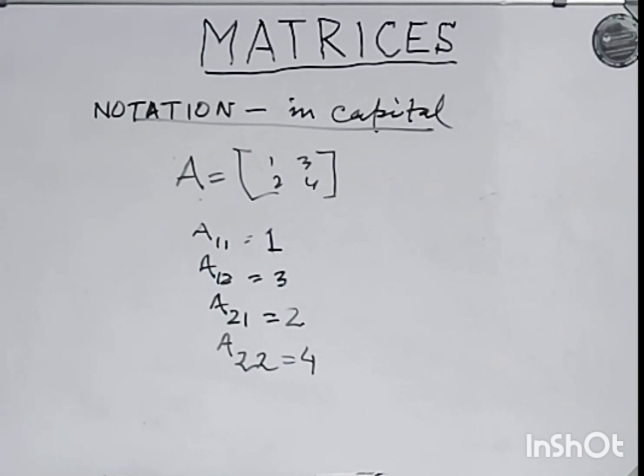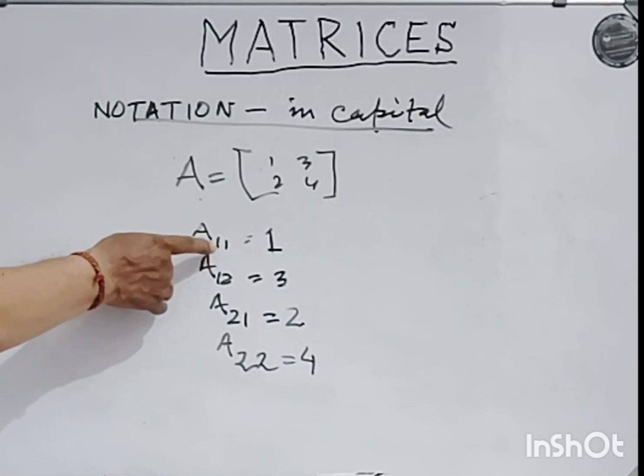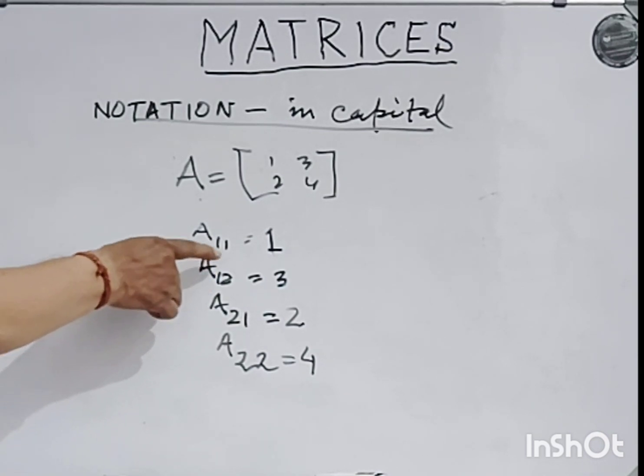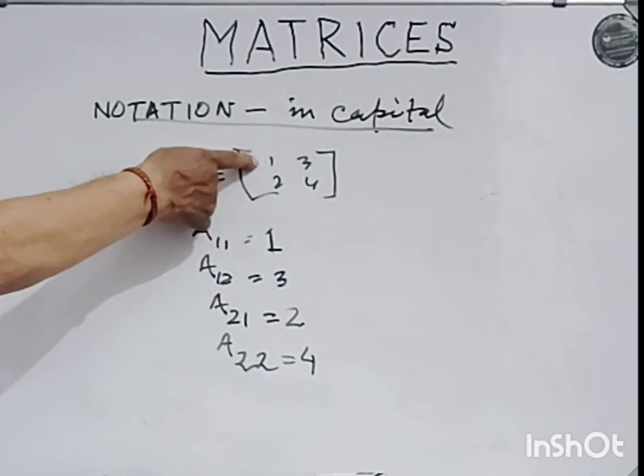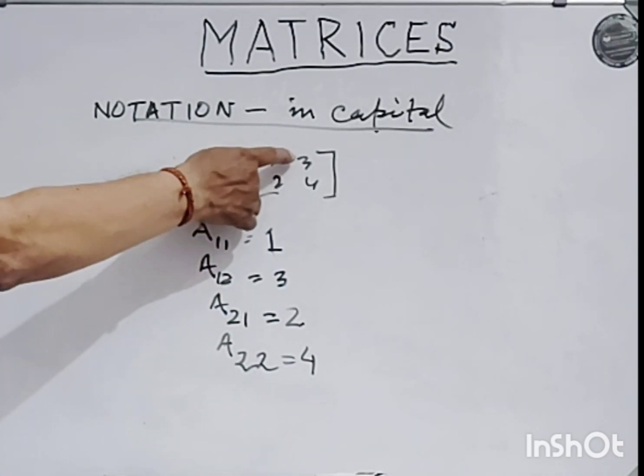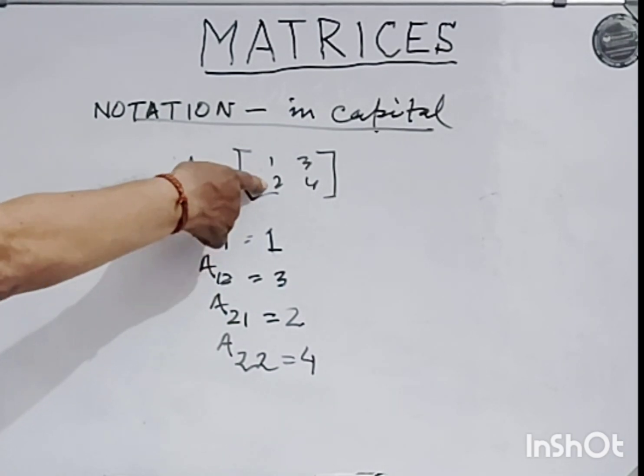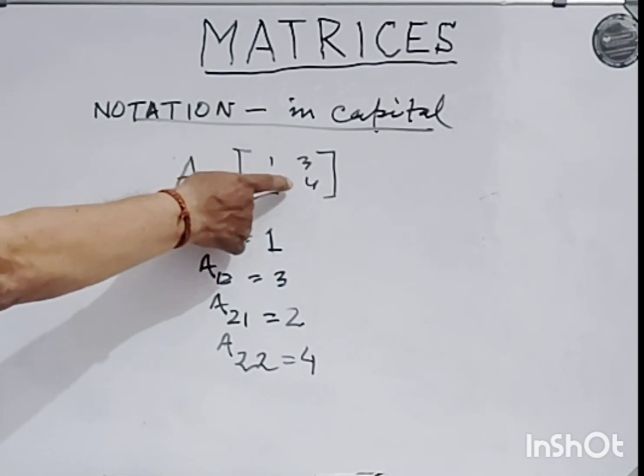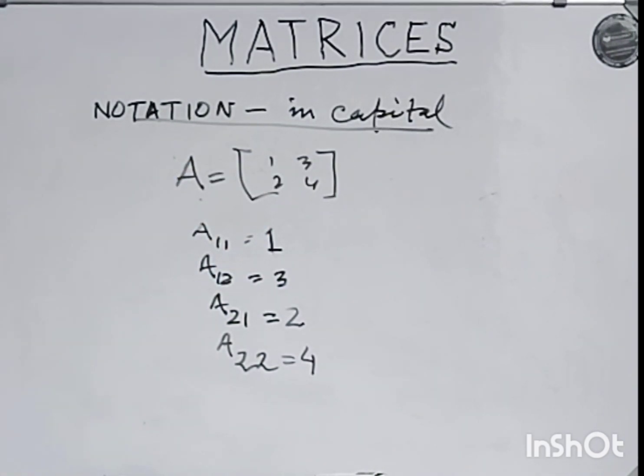So notation in capital we have given, and the suffix, 1 1 means this one, 1 2 means this one, 2 1 means this one, and 2 2 means this one. So that I have written.